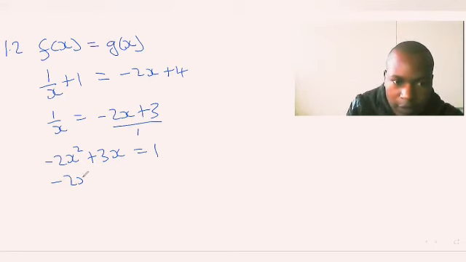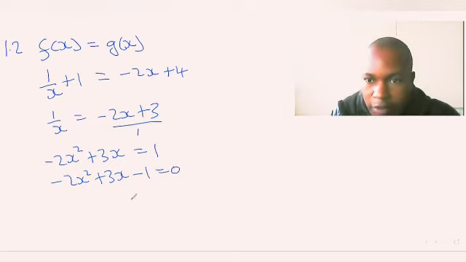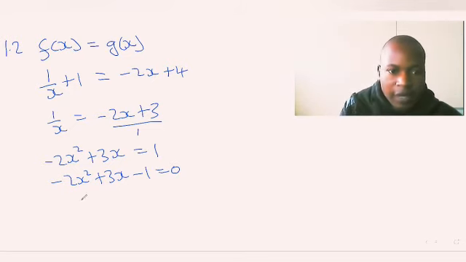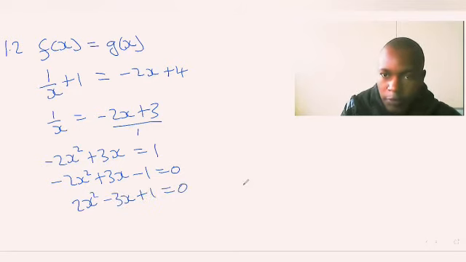To simplify further, we would then have a 3x there minus 1, which equals 0. We will multiply throughout by the negative. Once we do so, we get 2x squared minus 3x plus 1 equals 0.